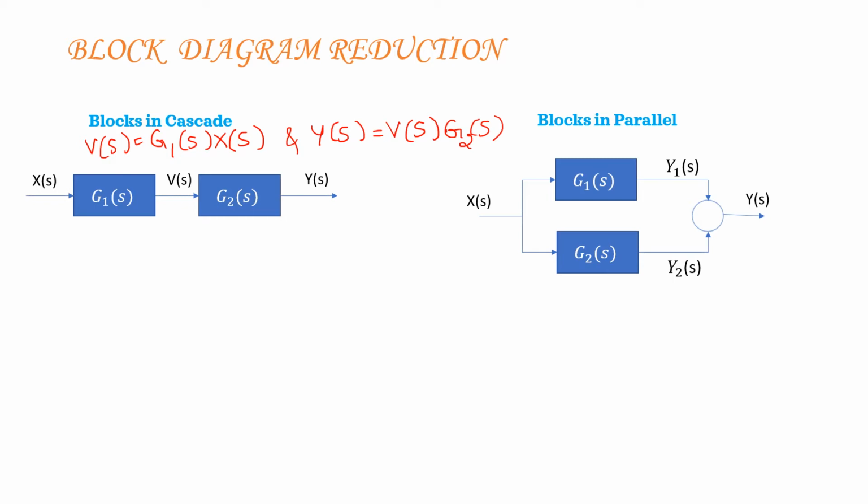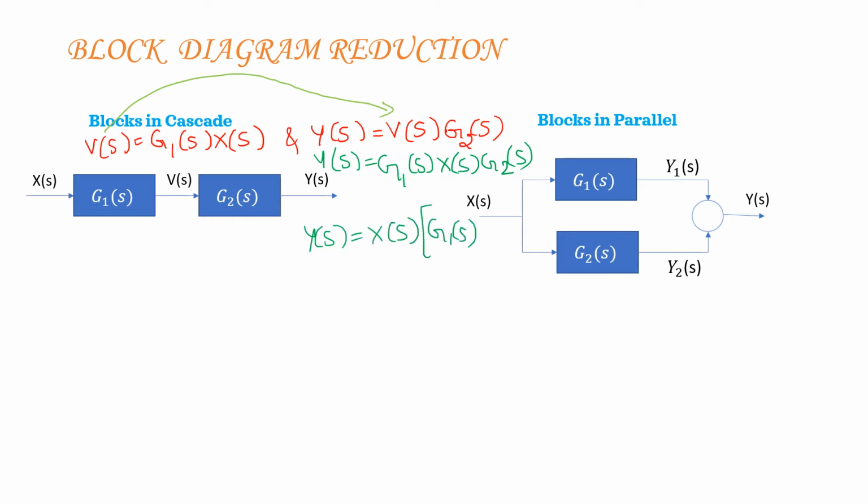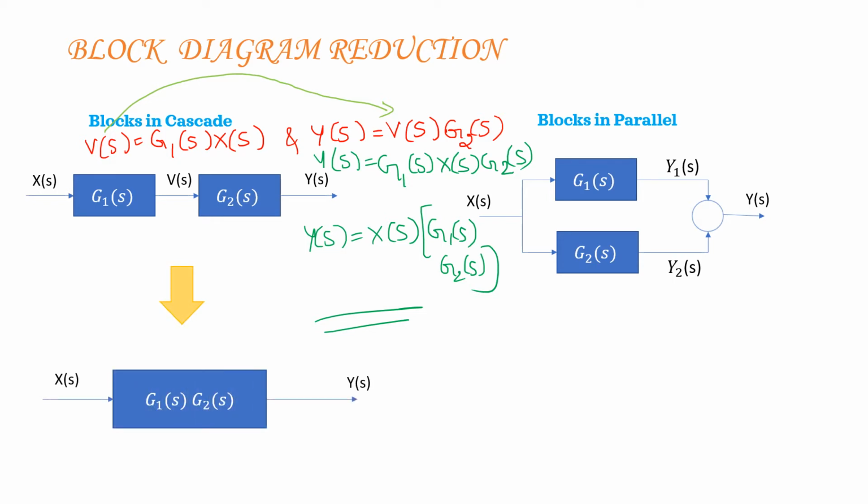If we substitute the value of V of S here, then we are going to get Y of S is equal to G1 of S into X of S into G2 of S. That means Y of S is equal to X of S into G1 of S into G2 of S. So if we have two blocks connected in cascade, then we can reduce it to the simplest form wherein the block is nothing but the product of the individual block gains, that is G1 of S into G2 of S. X of S is the input, Y of S is the output.